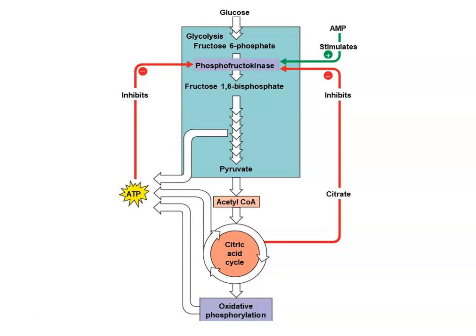But if you do not have lots of ATP because you have broken down your ATP and you have AMP present, adenosine monophosphate, that would stimulate phosphofructokinase to continue to break down glucose, or whatever your organic material is, so that glycolysis, the citric acid cycle, and oxidative phosphorylation can occur.